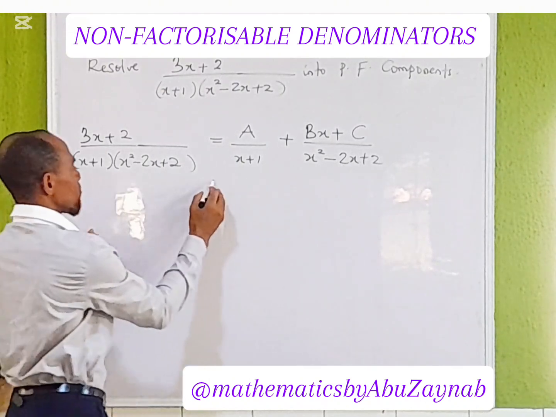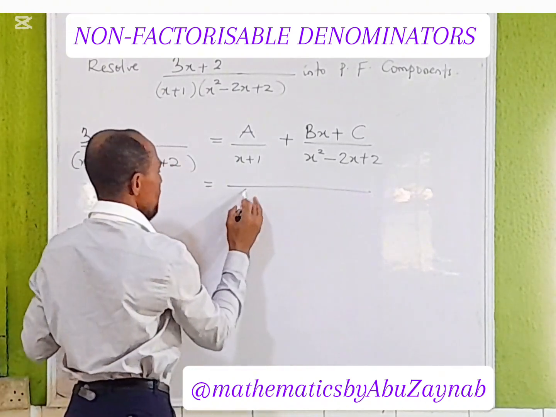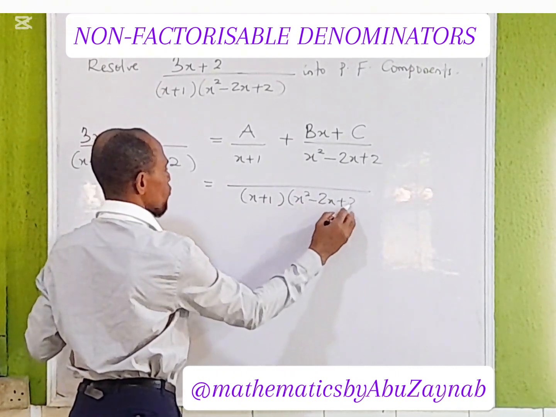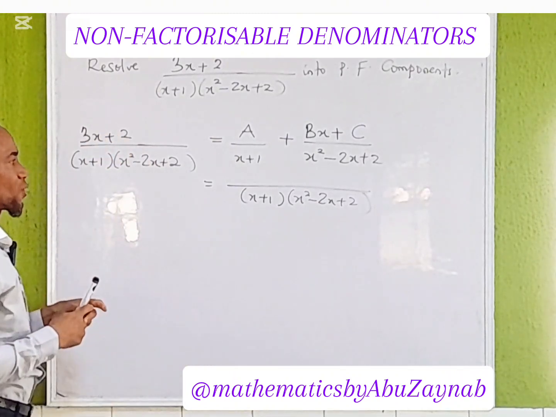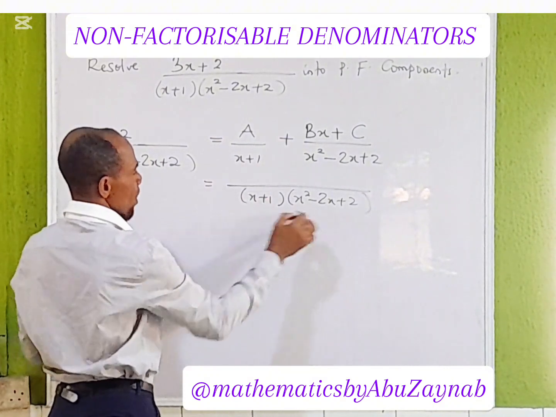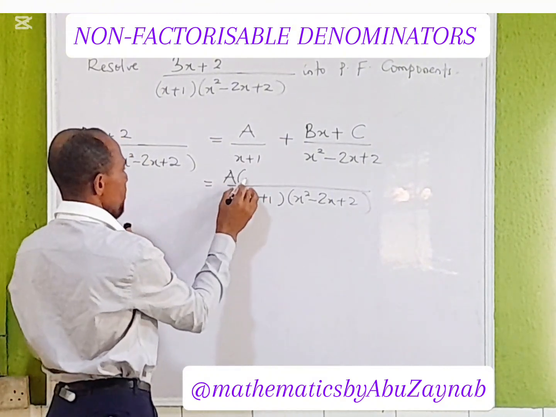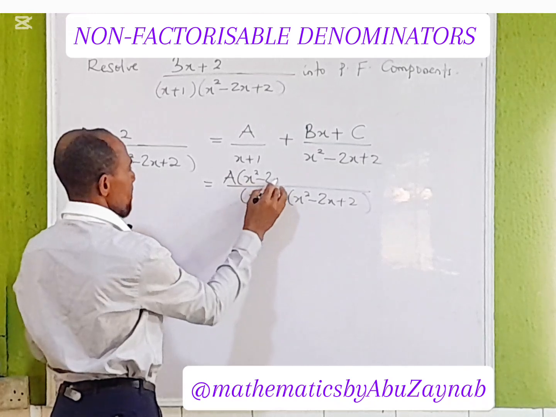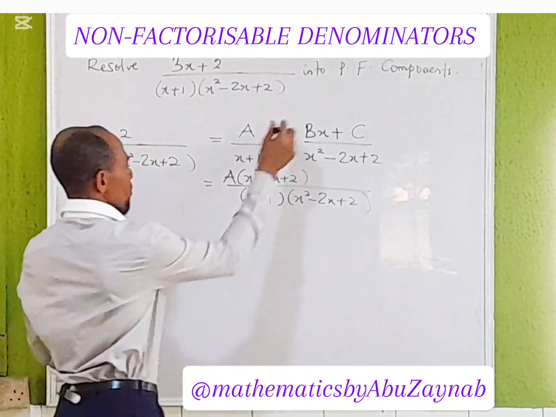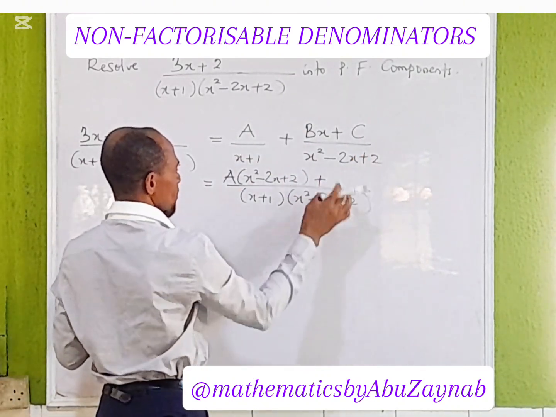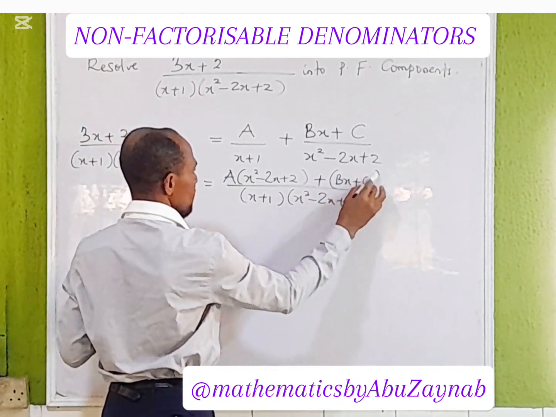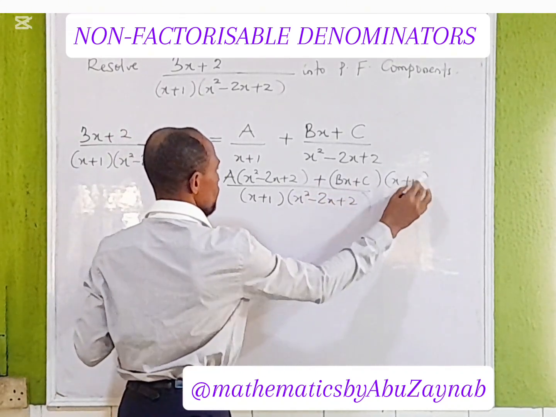So let's proceed as before. We have x plus 1 times x squared minus 2x plus 2, as usual. We simplify this by having x plus 1 gone, leaving A times (x squared minus 2x plus 2) on one hand. On the other, the entire factor x squared minus 2x plus 2 crosses out, leaving (Bx plus C) times (x plus 1).